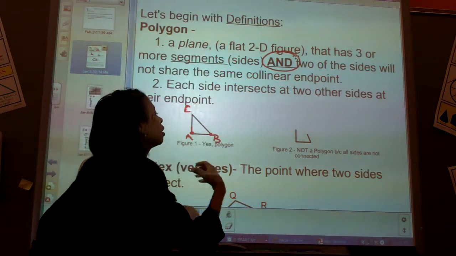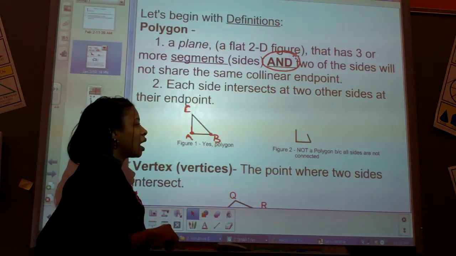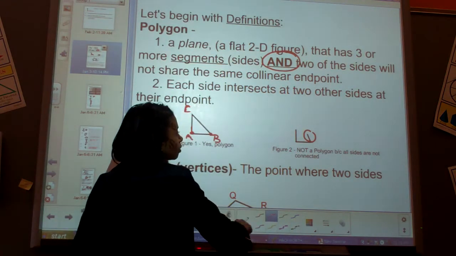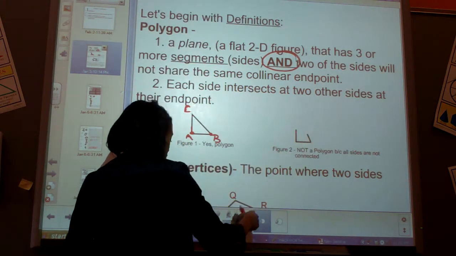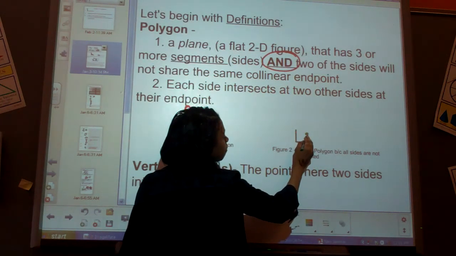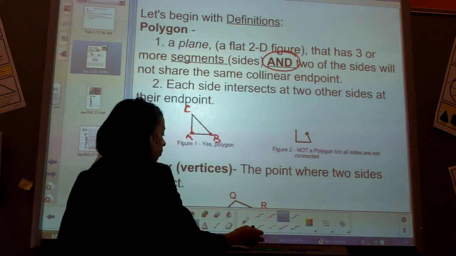We're going to get further into it because I'm sure that can be a little confusing. This second figure is an example of what a polygon is not. Why? Because when I look at each of the endpoints, this endpoint here does not connect to another segment.